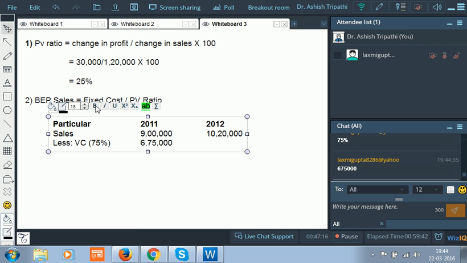Yes, correct. In the same way, calculate the variable cost of the second year as well. 10,20,000 into 75% will give you somewhere around 7,65,000. I hope you're getting this.